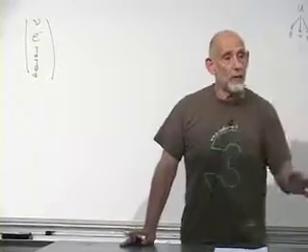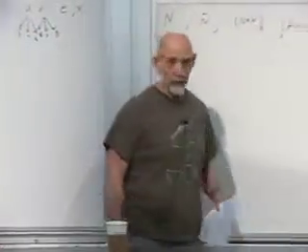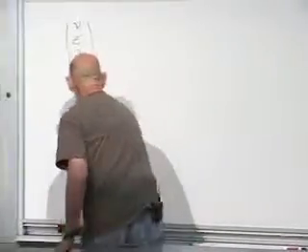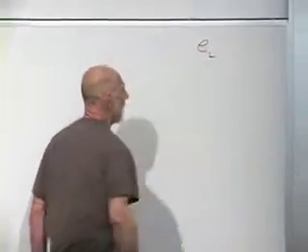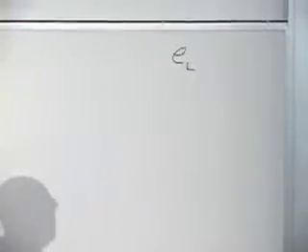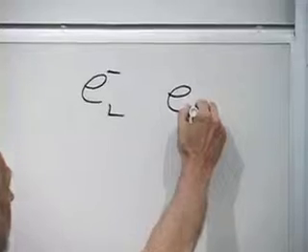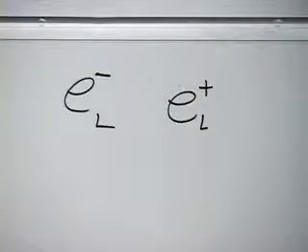So we can always enumerate the particles by enumerating only left-hand particles. For example, if we were enumerating the electrons, we would enumerate not electron and positron, but the left-handed electron, let me just put a little L next to it, and the left-handed positron. The antiparticle of the left-handed positron is the right-handed electron.